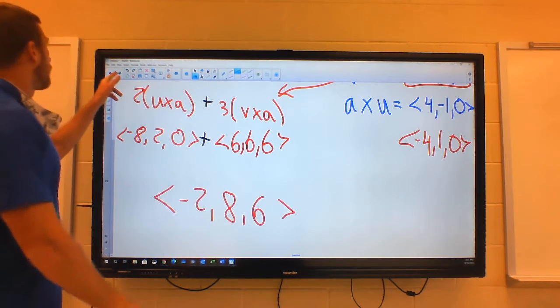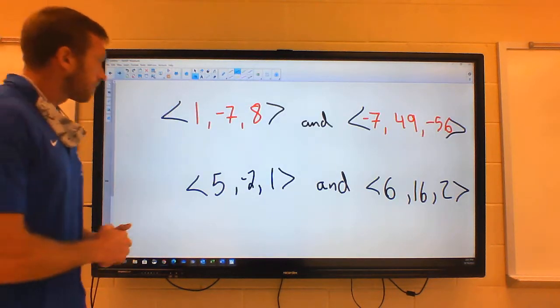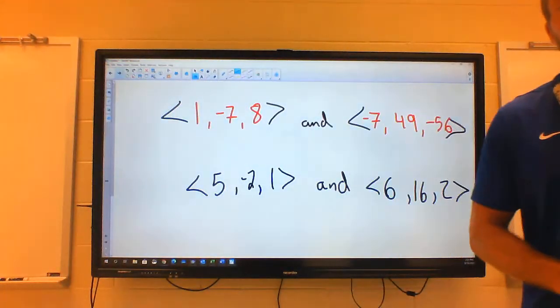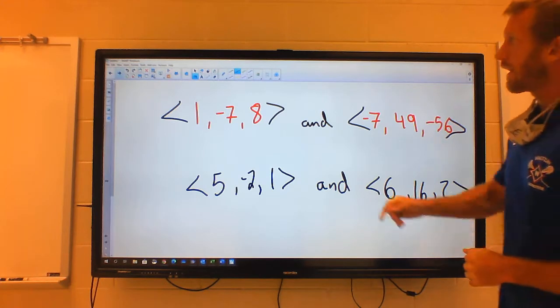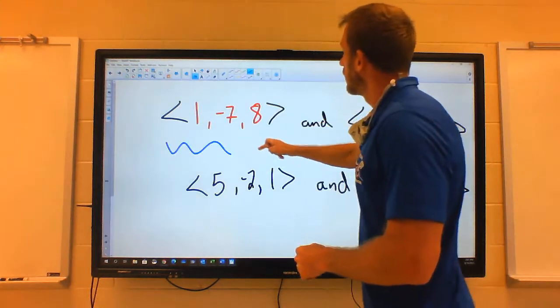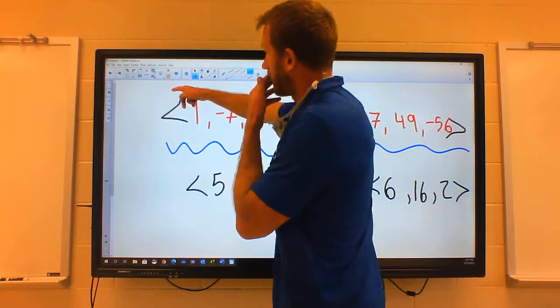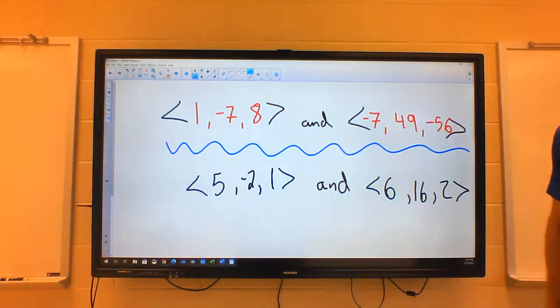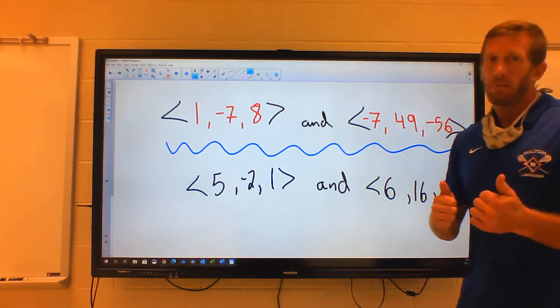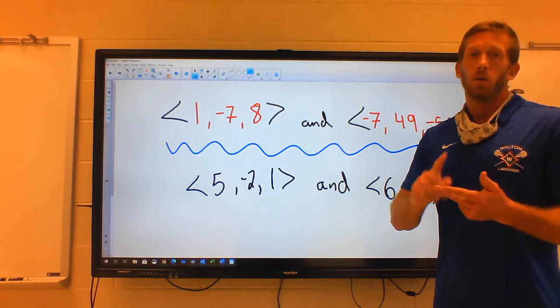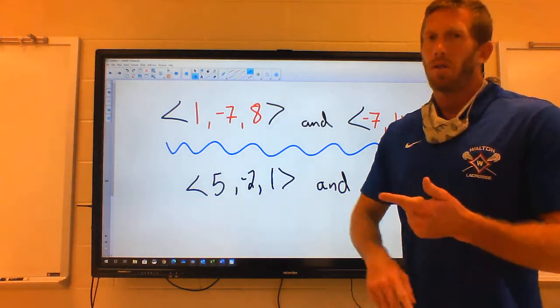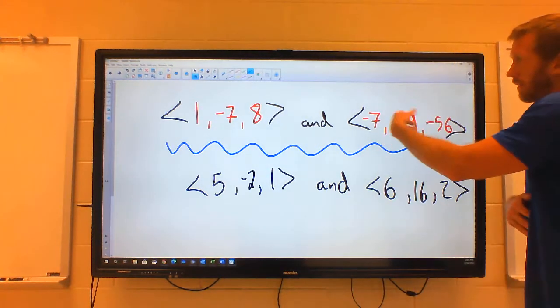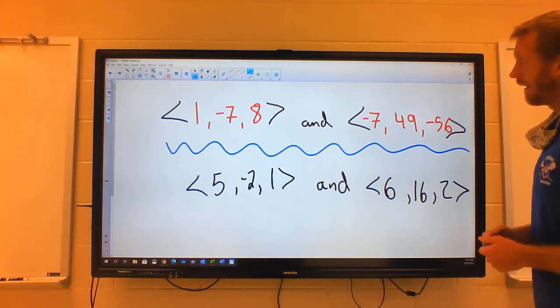All right, final questions. Identify each of these pairs of vectors. So these are 2 questions. This will be the first one, and this will be the second one. Identify them as either parallel, perpendicular, or neither. And I should really say parallel, orthogonal, or neither. So I'm going to let you copy them down for a minute.